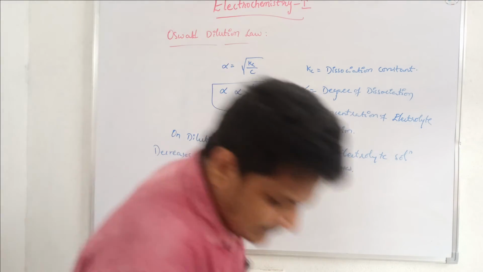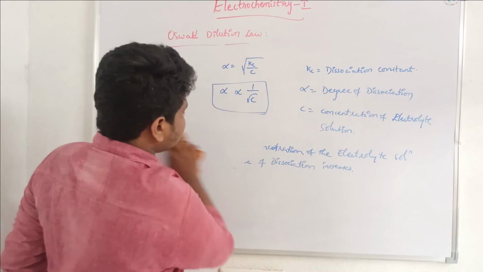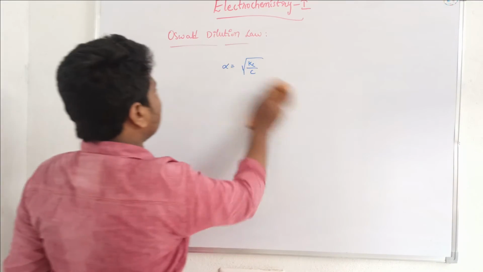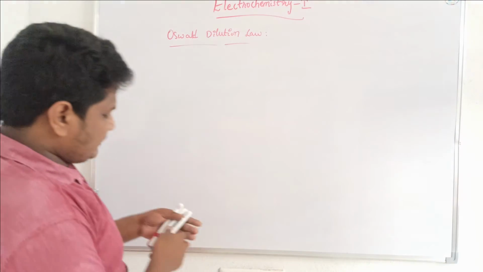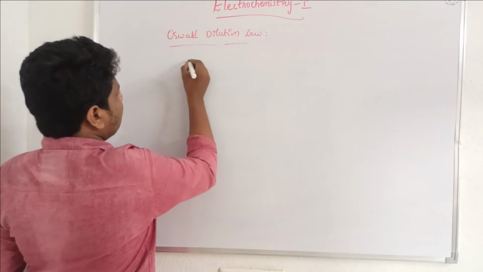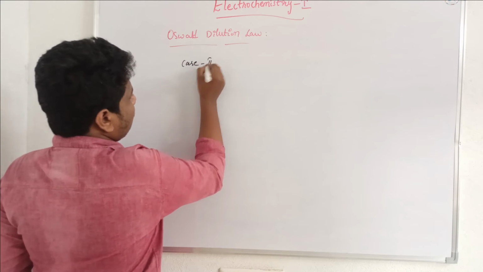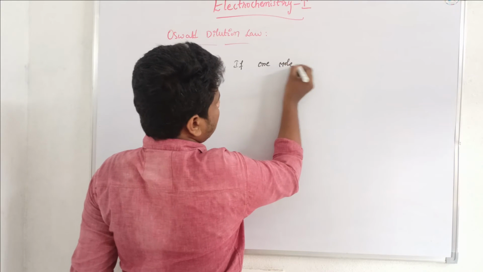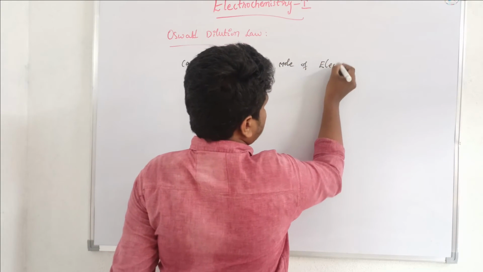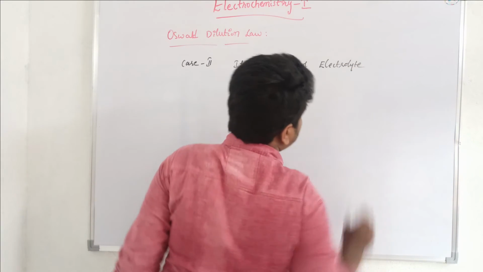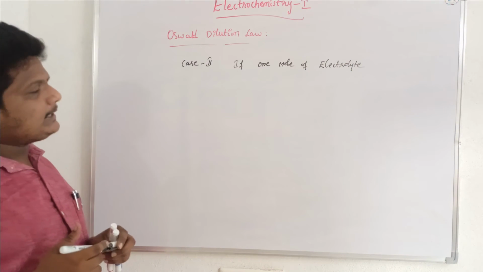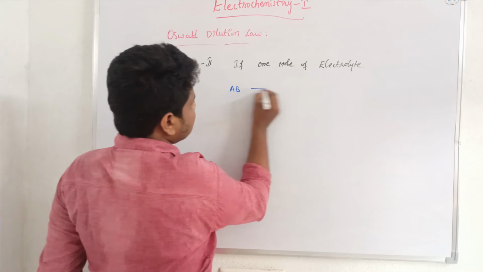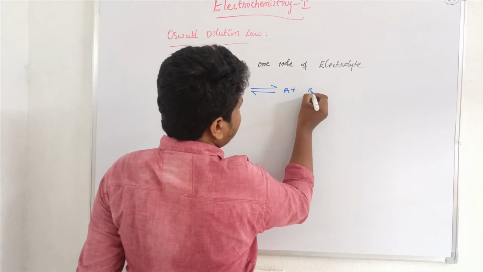Now let us consider the second case. Instead of considering C moles, if 1 mole of electrolyte is taken, AB gives rise to A plus and B minus.